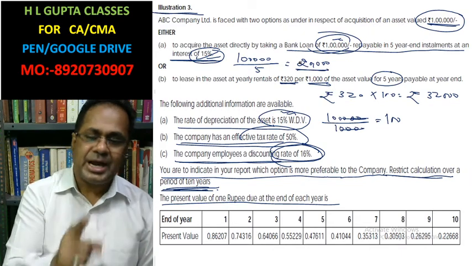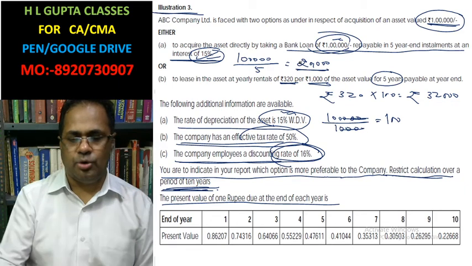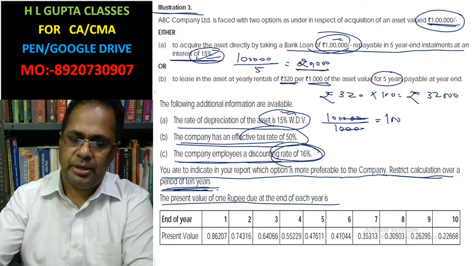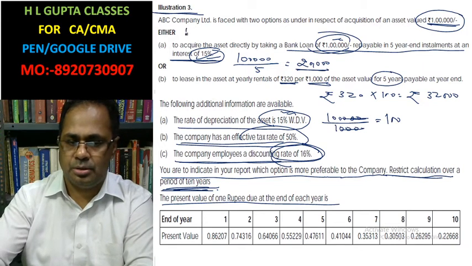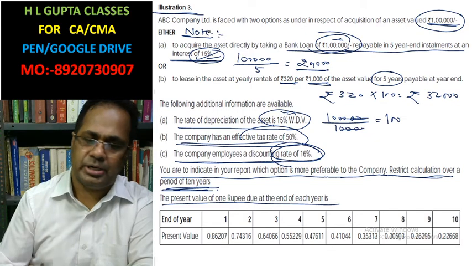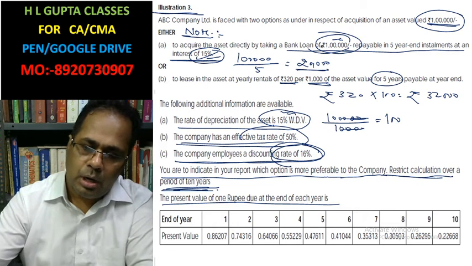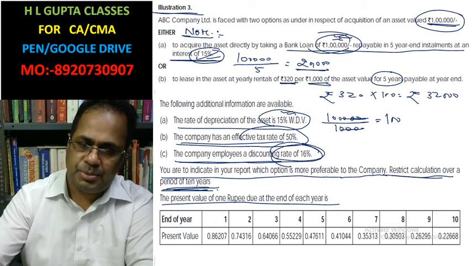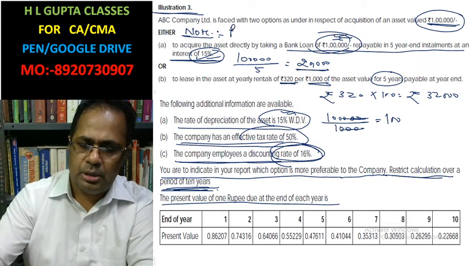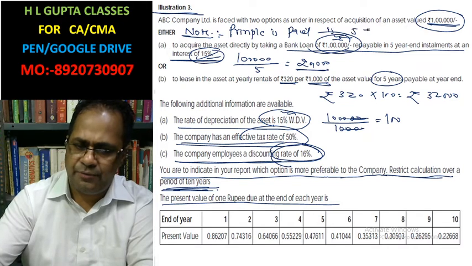But the solution is done according to this assumption, and since the information is silent, you must write it in the solution, in a note. As per the solution, I am going to write here. Now the question is how you are going to pay the principal. You write here in notes: principal is paid in 5 equal installments.